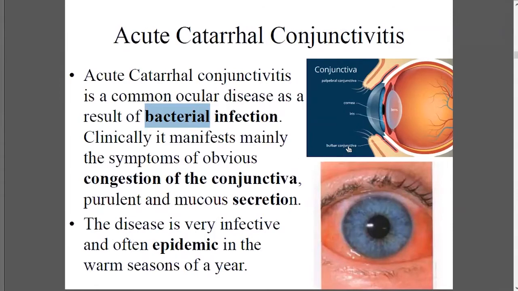When infection happens in the conjunctiva area, the common symptom is red eyes, like the picture here. The patient will feel itchiness and sometimes pain there, and some discharge, a mucus kind of secretion.